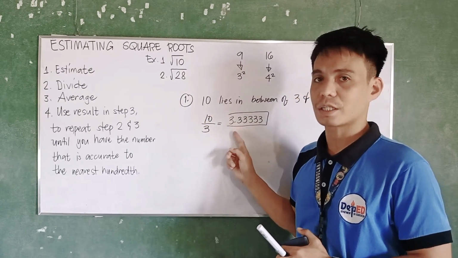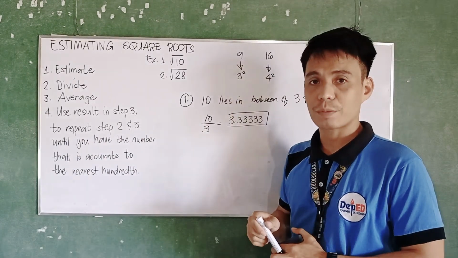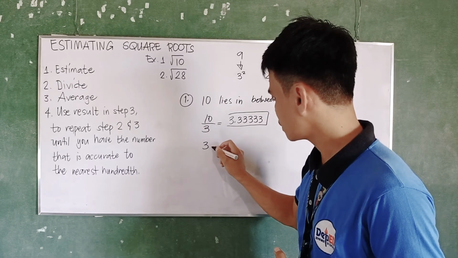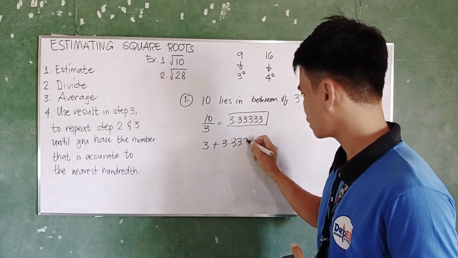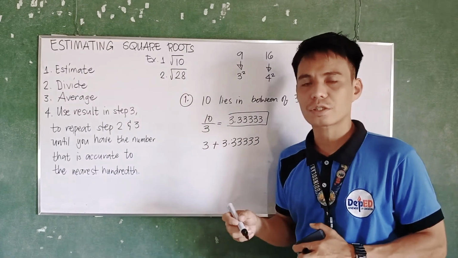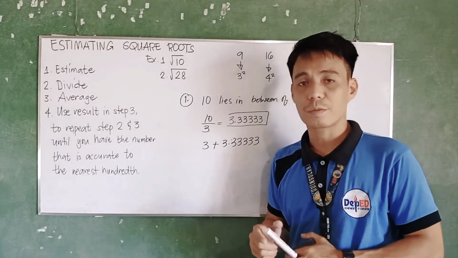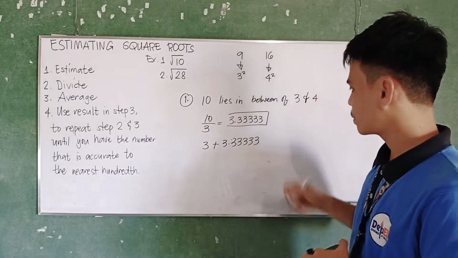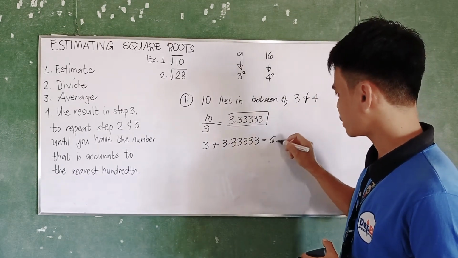So therefore, this is 3 added to 3.3333. I suggest, guys, na kukonsider tayo ng 5 decimal places para mas accurate yung answer natin. So add yung dalawa. So therefore, this is 6.3333.